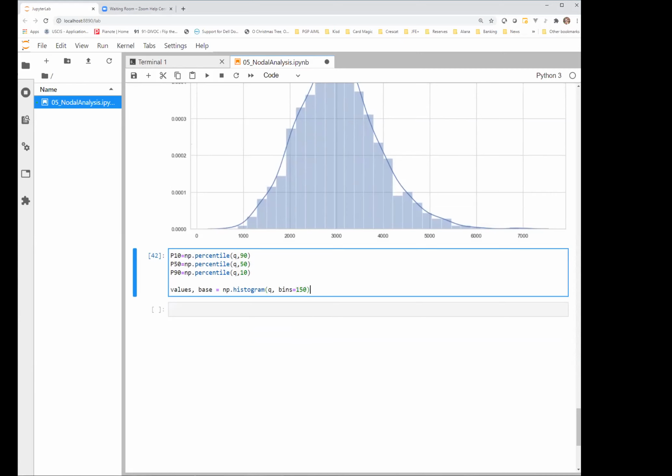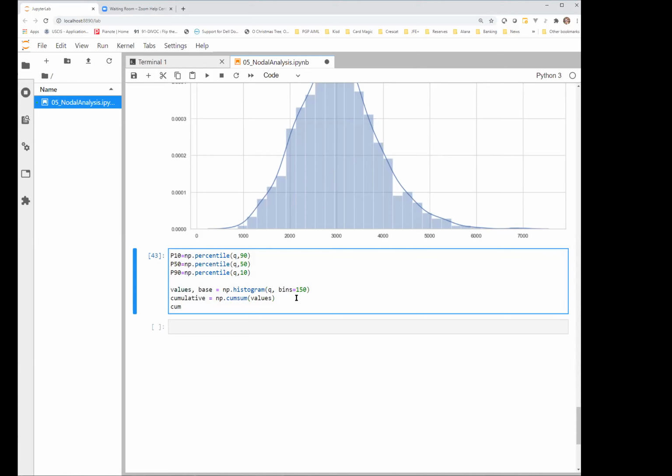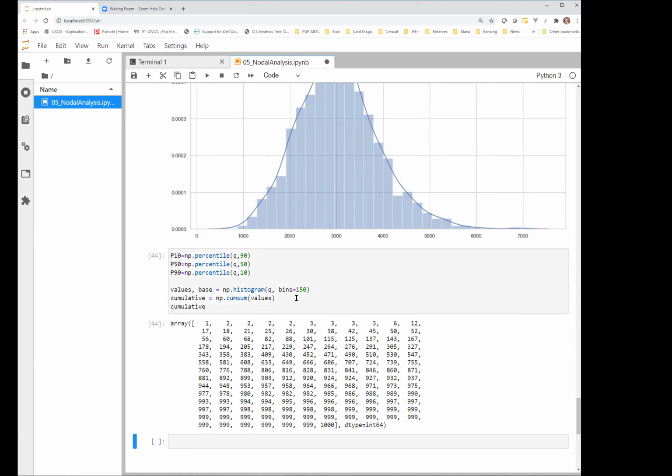I'm using this because my target now is to build the cumulative density function, and I need the values of this. So I can use the cumulative, which is nothing else than the cumulative of the values. Perfect, this is working fine. If we print the cumulative, perfect.